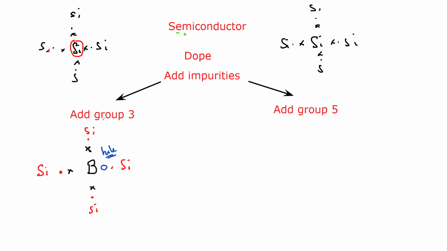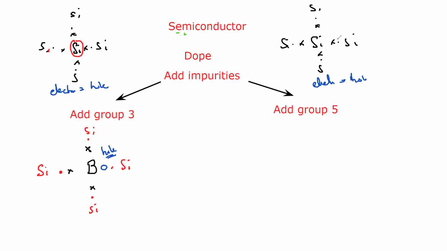So what will happen when we add a group 3 element? If you compare, in an intrinsic semiconductor, the number of electrons will be equal to the number of holes.